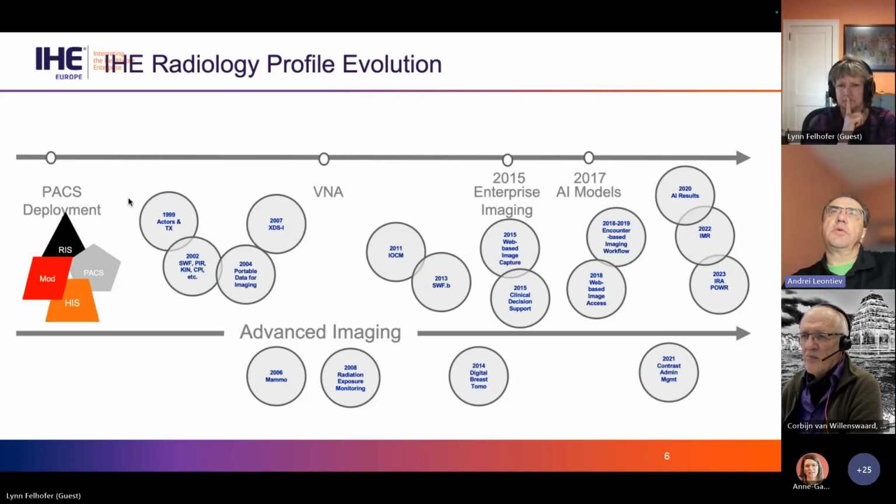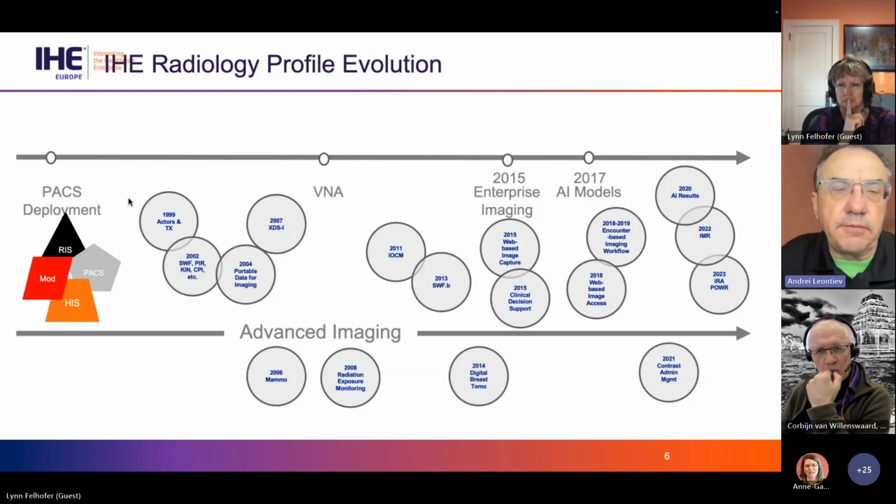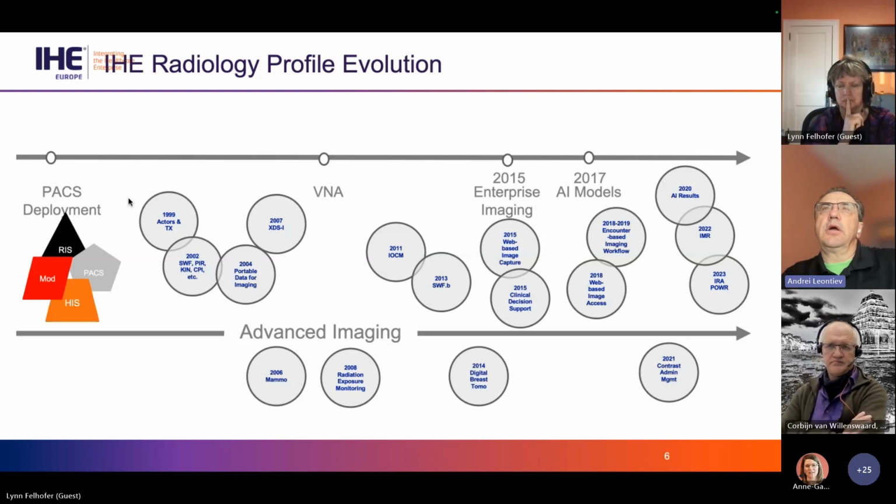And of course, with the recent advent of artificial intelligence, we're also looking at a number of aspects that IHE could contribute in improving inclusion of AI into the workflows in imaging.